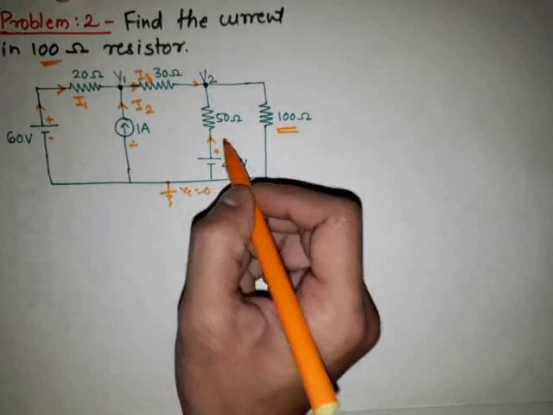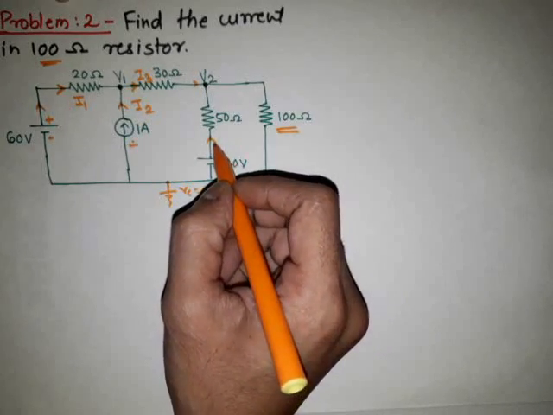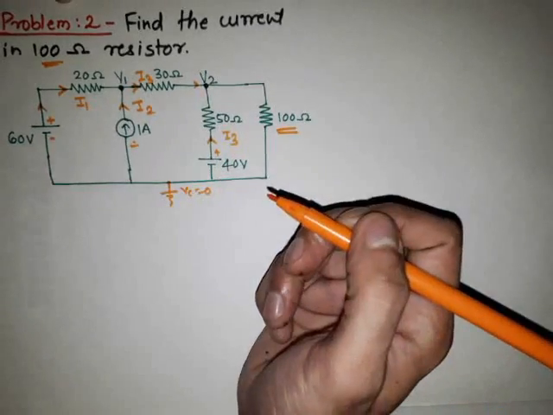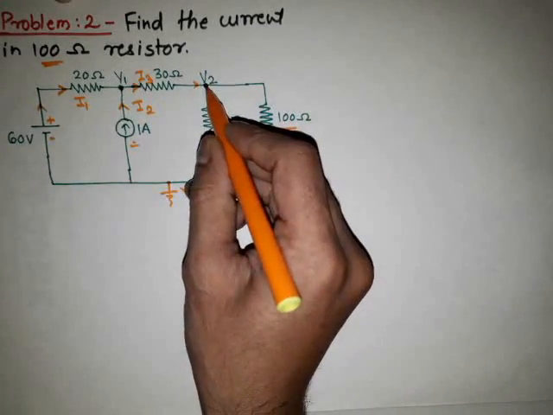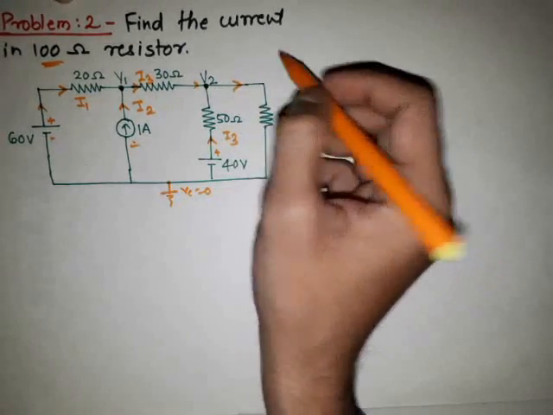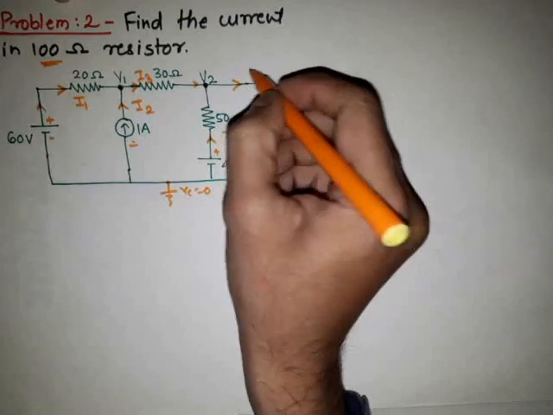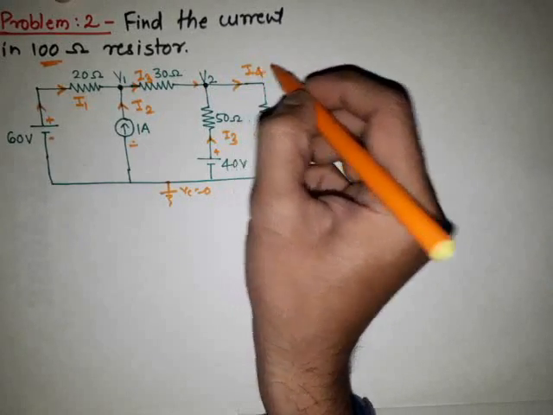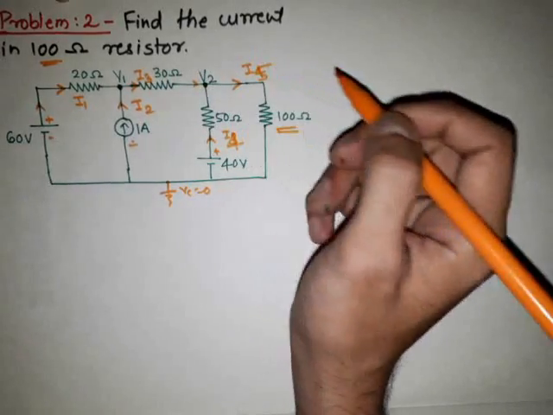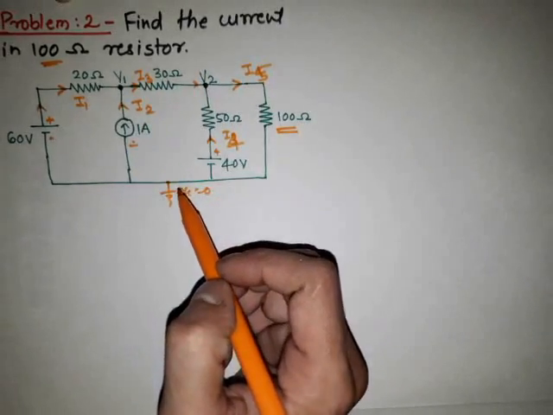So current will flow like this from the positive terminal, and again it is coming to the node V2. Suppose it is I4 current, and these two currents, I3 and I4, are meeting at node V2 and spread out through the 100 ohm resistor, and it is I5 current, because I3 we have considered already.